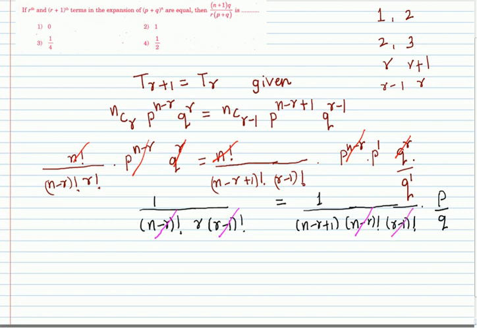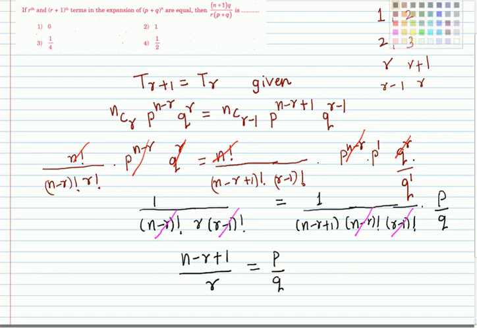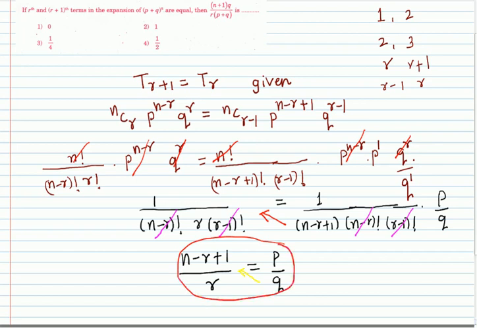Hence what we have at the end is (n minus r plus 1) divided by r is equal to p divided by q, where I have taken this value to the numerator. So this is an important relation: (n minus r plus 1) divided by r.